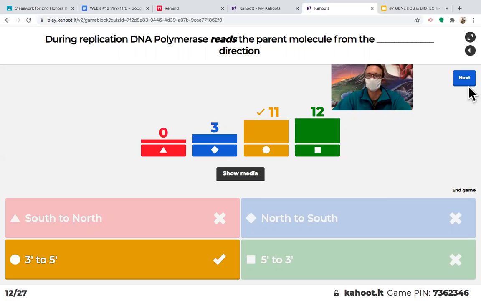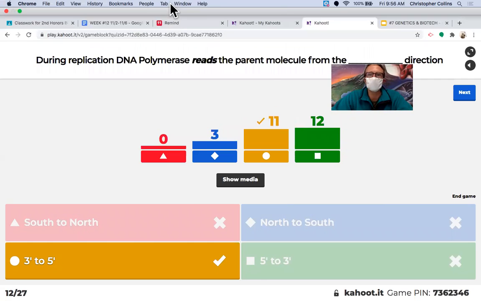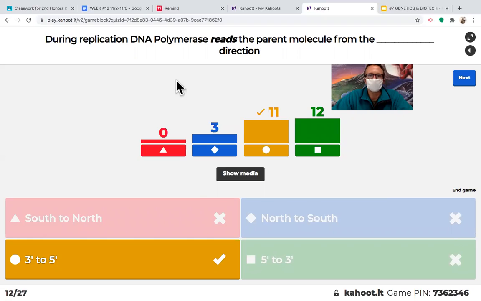You might still be thinking, what in the world, Mr. Collins? Let me get my little annotation thing right here. Okay, so let's say we've got a strand of DNA right here, and let's say this is the 3 prime end, and this is the 5 prime end. What does that really mean? Well, if you remember, the 5 prime end would just be the strand of DNA that had a little phosphate sticking out. So the last little piece sticking out here would be a phosphate.